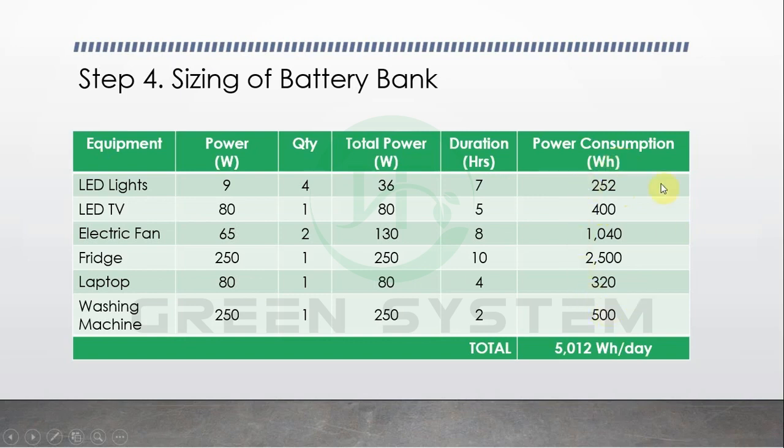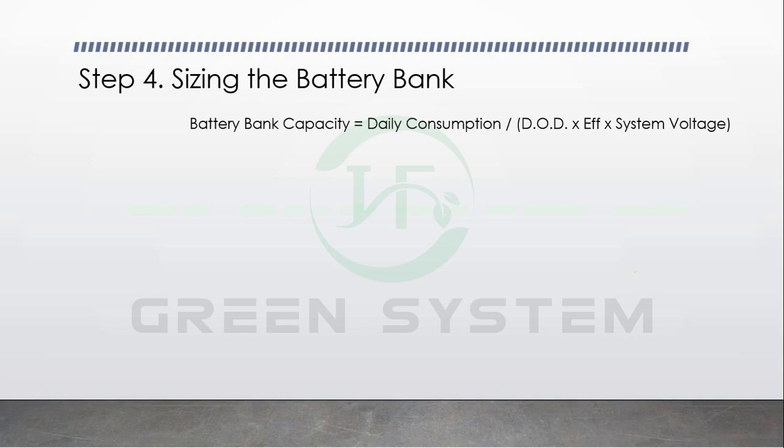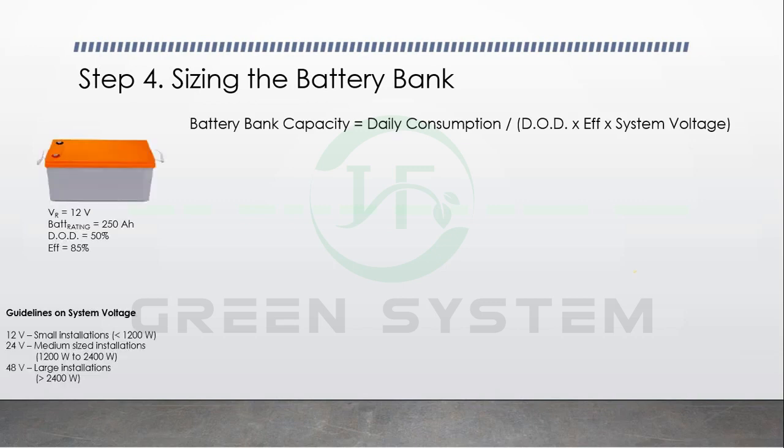We sum this all up and we have the total power consumption of the equipment that will run on batteries. And after this, we shall now size the battery bank.